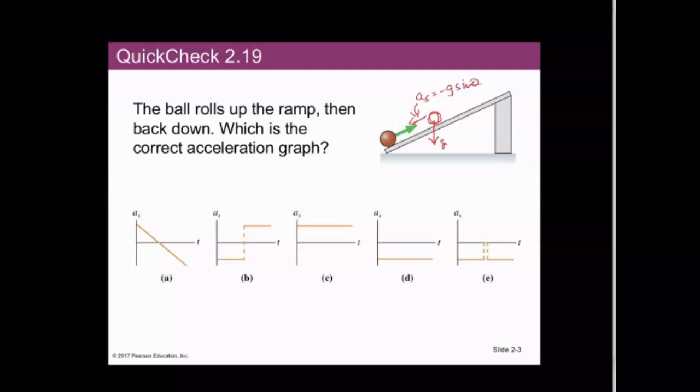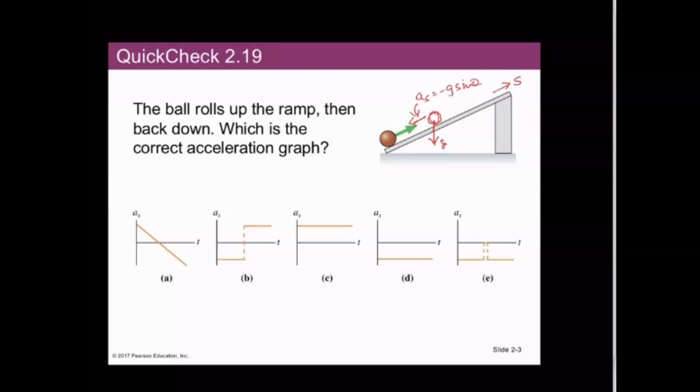Why minus? Well, if s is in this direction, then the acceleration vector is pointing in the opposite direction as increasing s. So it has a negative sign.